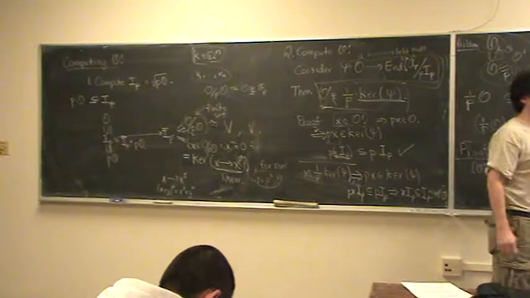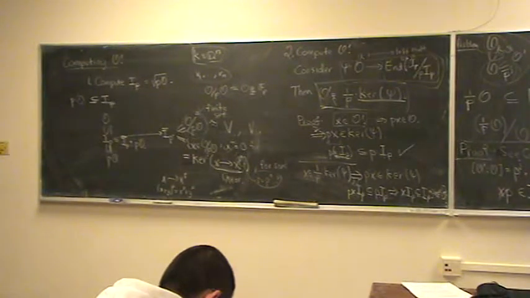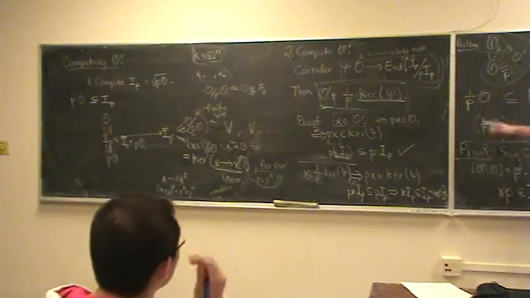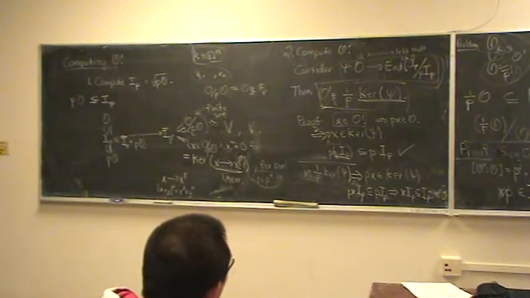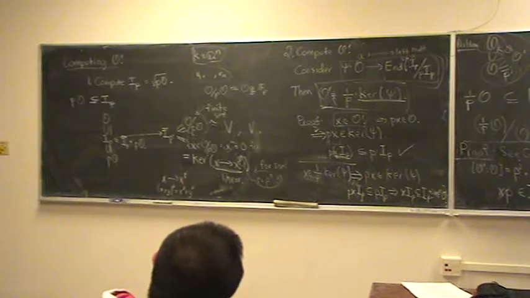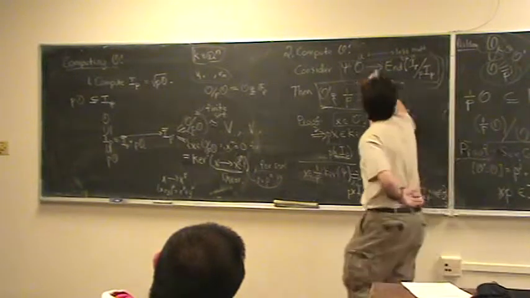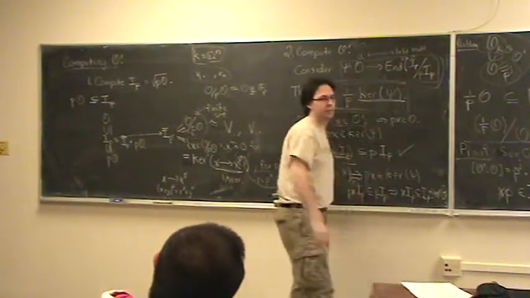p-maximal order. Yes? Why did you mod by pIP when you were looking at the action with O? Here? Yeah. Just because I need to, otherwise I don't get the right answer. I mean, you could certainly define a map from O to End IP, I guess. But that wouldn't do you any good.